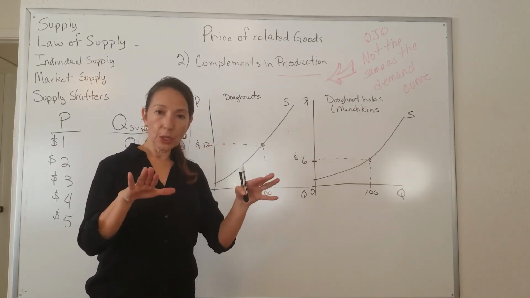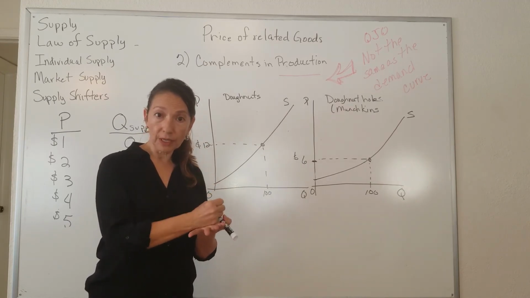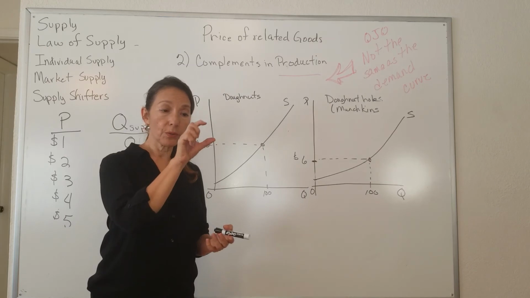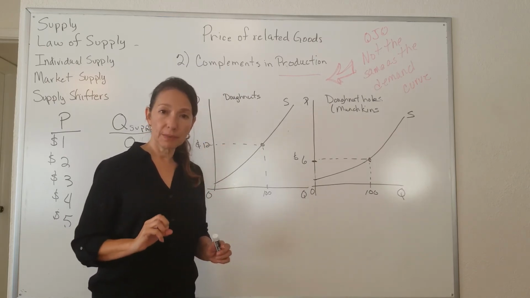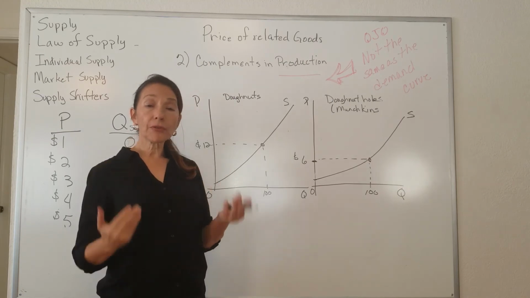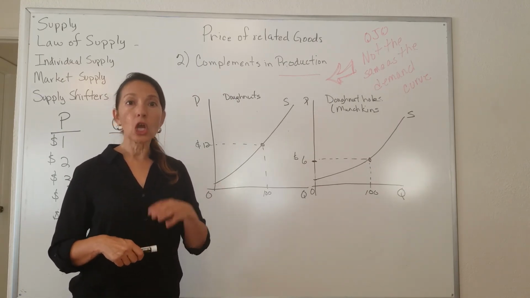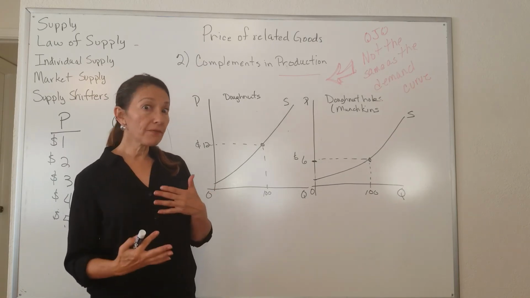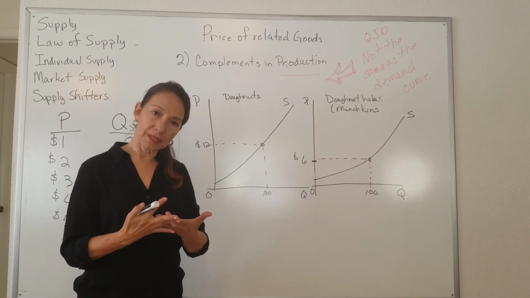They roll out the dough, they stamp the dough with the donut cutter, and so the round part comes out, and that little piece in the middle is what becomes the munchkin. There are other things that are produced together. Gas and oil are produced together, shoes and beef are produced together. So those are called complements in production.